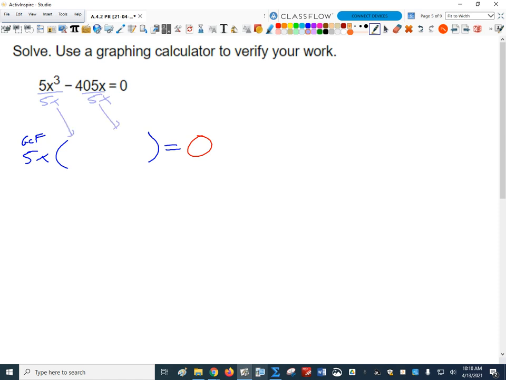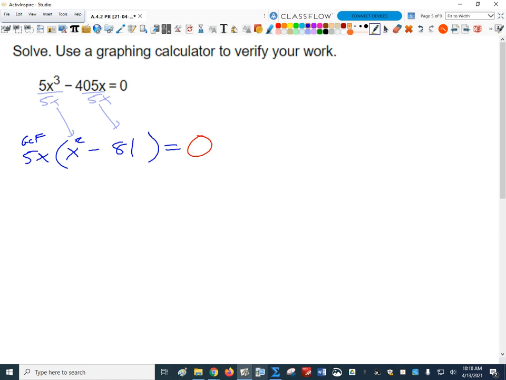So what's left over from that first term? If I undistribute a 5x, okay, good. The 5's cancel. X cubed over x is x squared. And then here the x's cancel. And 405, what's that going to be? 81. Good job.